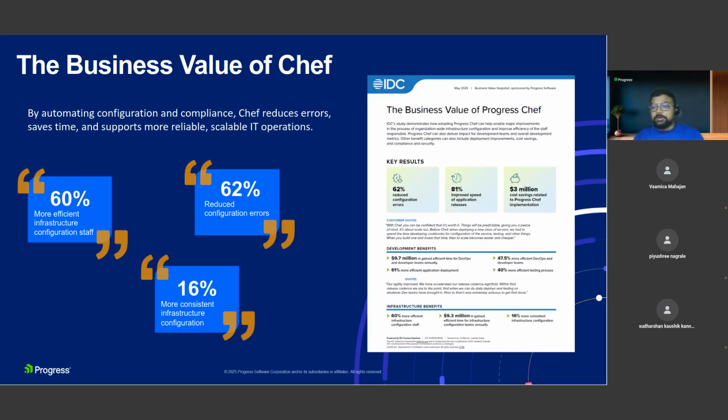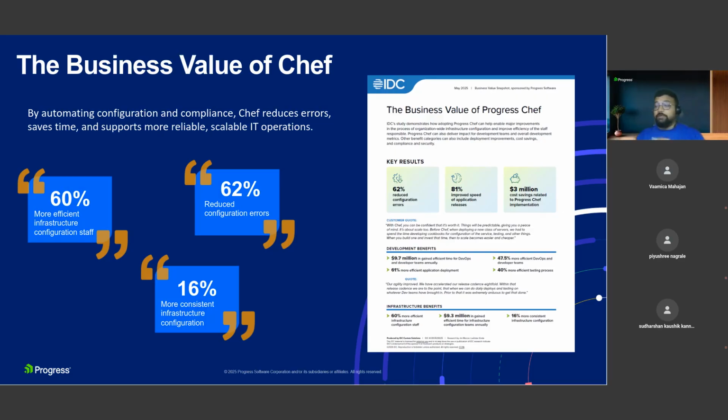IDC will come up with the detailed report, and we will share that report with all the attendees very soon. There are some other findings that came up in this report, and one of the major things that IDC found is that customers use Chef for scalable orchestration, audit scanning, auto remediation, policy as code to enhance infrastructure management.